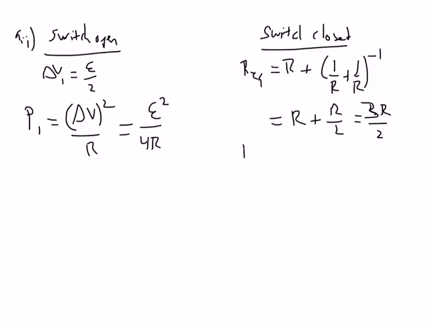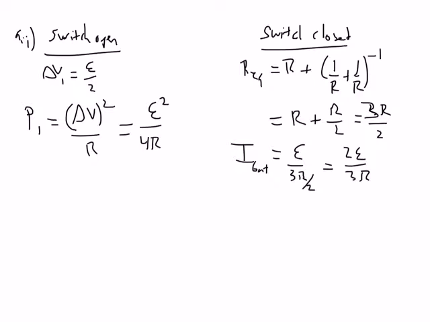And so this tells us I battery is delta V over R equivalent, and the battery's EMF is epsilon, so that's 2 epsilon over 3R.